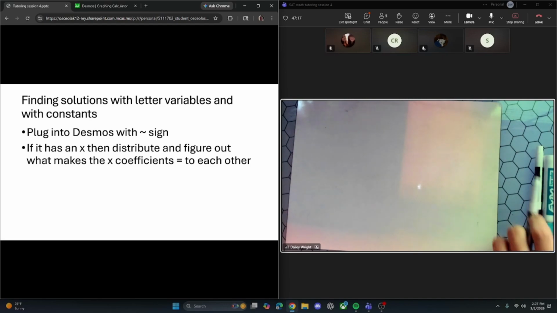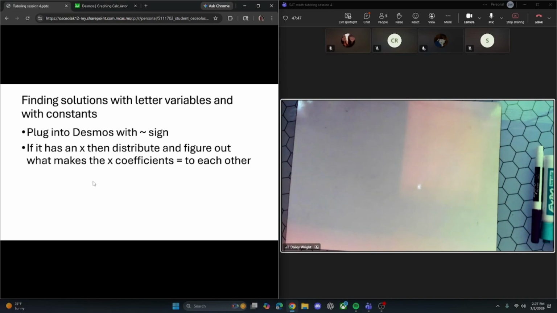So for finding solutions with letter variables, if there's only one letter, just plug the equation into Desmos with that squiggly sign right there. And if it has an x, then you have to distribute all the numbers out and figure out what makes those x coefficients equal to each other. Because it's either going to say it has no solutions or infinite solutions. So you need the x coefficients to be equal so they have the same slope.